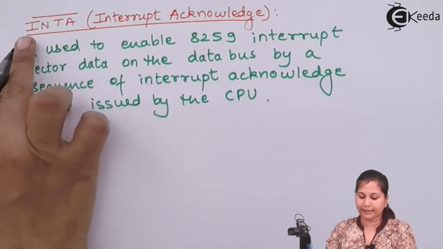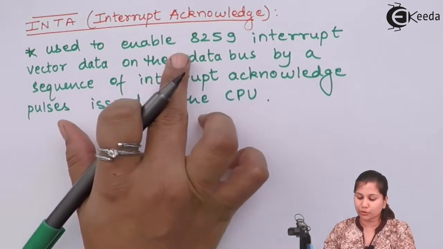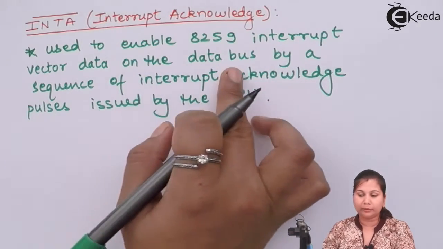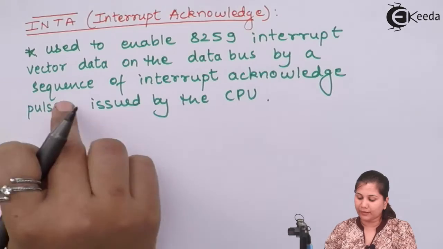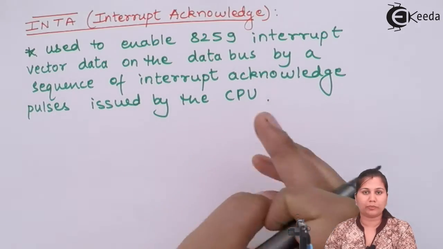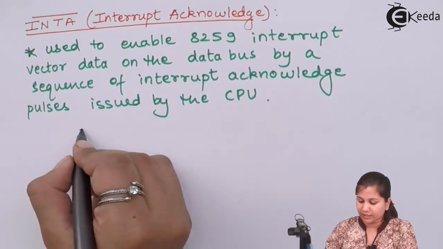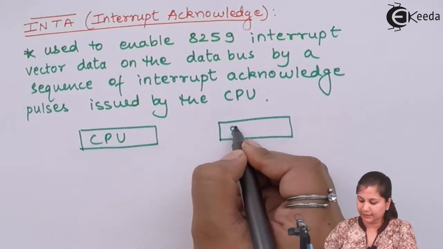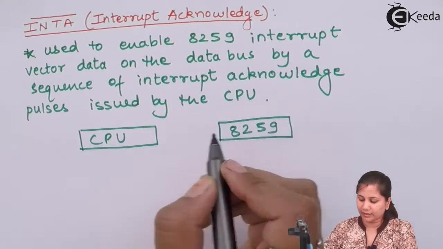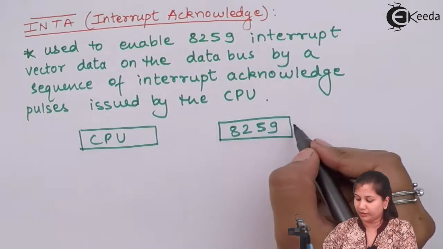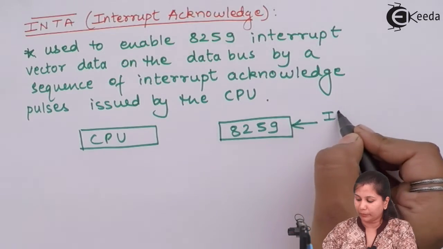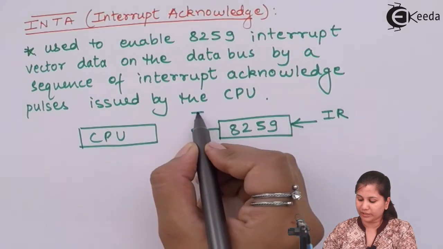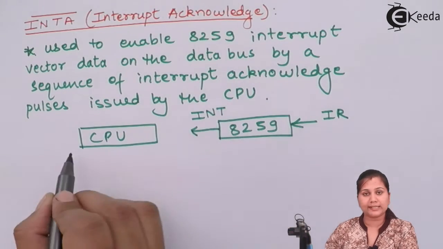This INTA interrupt acknowledge signal is used to enable the 8259 interrupt vector data to be available on the data bus by a sequence of interrupt acknowledge pulses issued by the CPU. So if this is the CPU and this is the 8259 IC, the 8259 will get an interrupt request, and in response it gives the signal INT to the CPU.